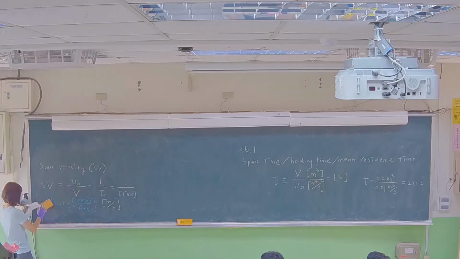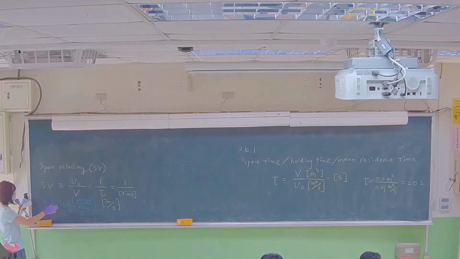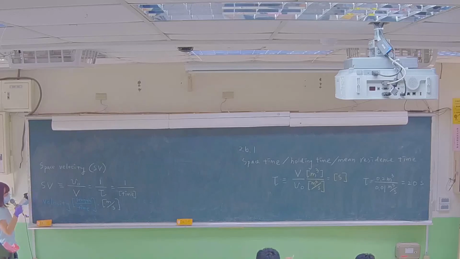The normal velocity, the unit is length over time, like meter over second. But SV, the unit is only 1 over time. So a little bit different. It is the inverse of space-time. So you have space-time and you have space velocity.